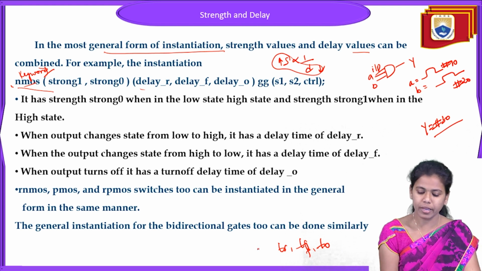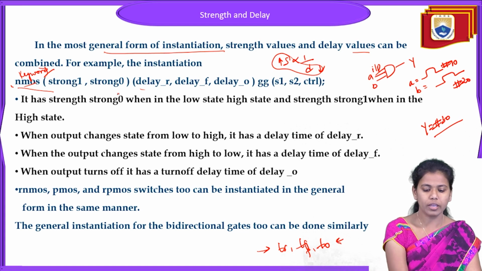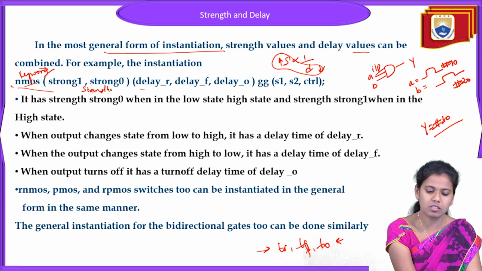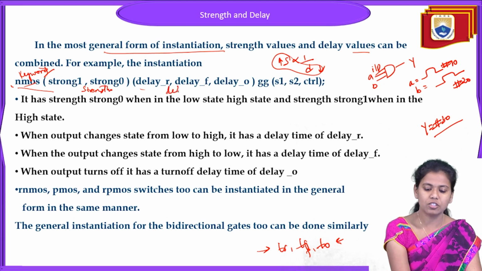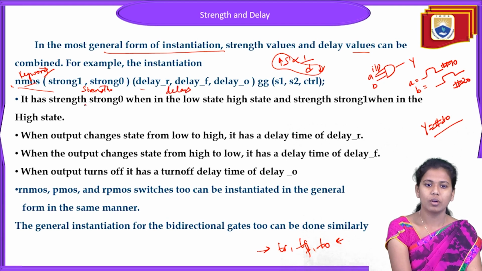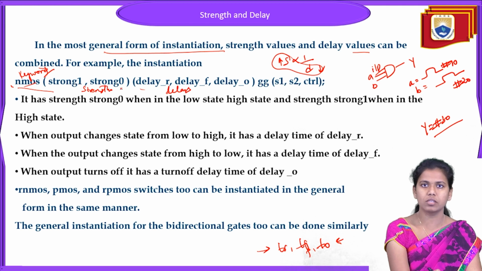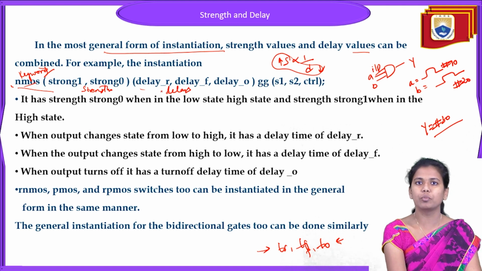So in the instantiation, I give the keyword first as NMOS, because I'm considering an NMOS transistor, and then go on with the signal strengths, strong 1 and strong 0, followed by the delays.